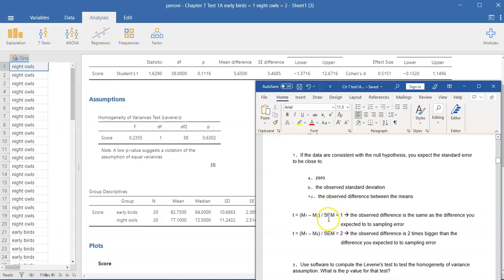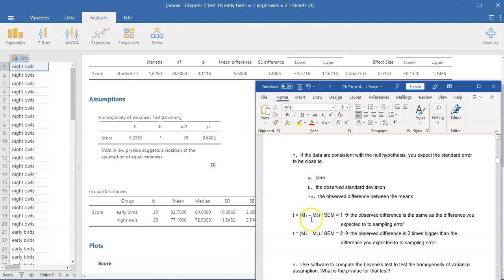Remember, the standard error of the mean is the amount of sampling error that you'd expect in the study. Another way of saying that is it's the distance that you expect the two means to be different from each other due to sampling error. It's how far apart you'd expect them to be just due to sampling error.